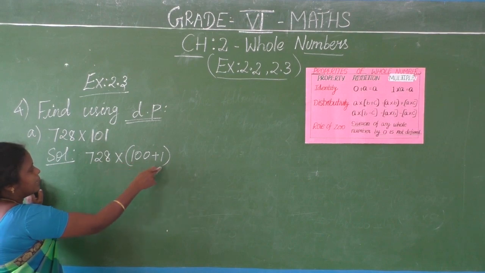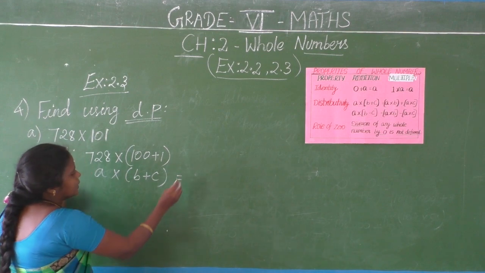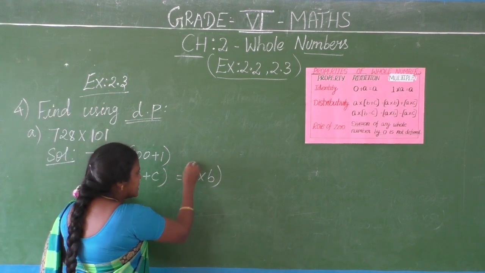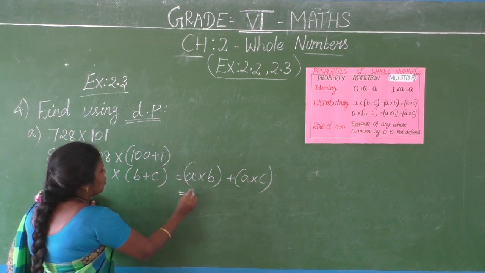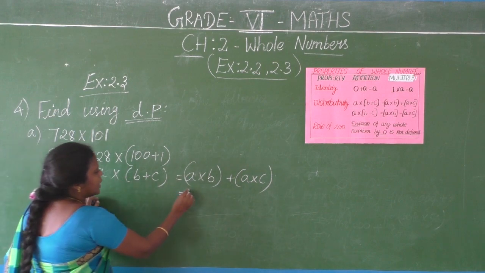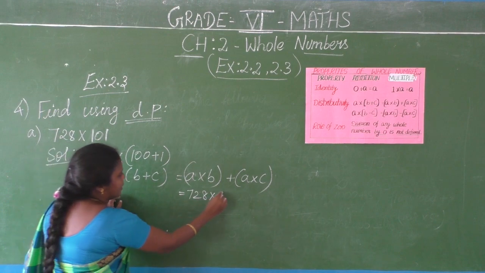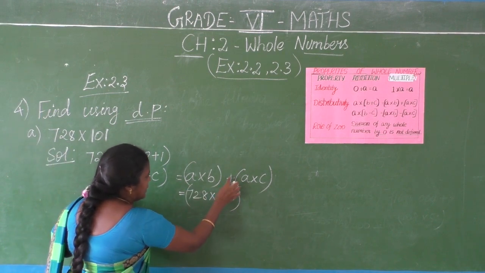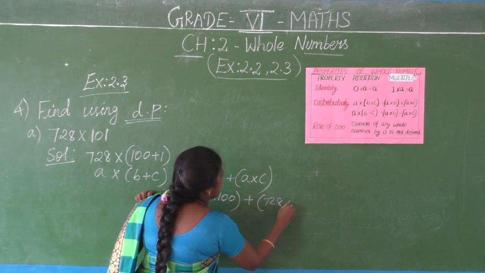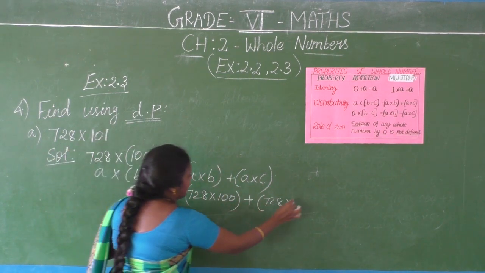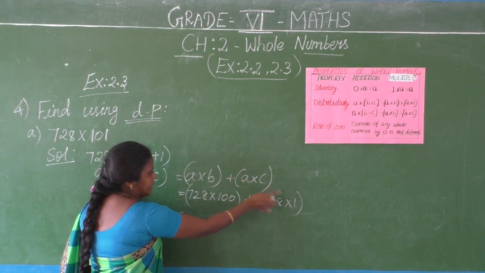A into B plus C is equal to A into B plus A into C. Now what is the A value? 728 into B value 100 plus A again, 728 into C value 1.